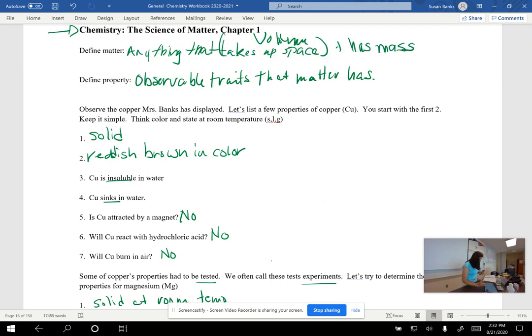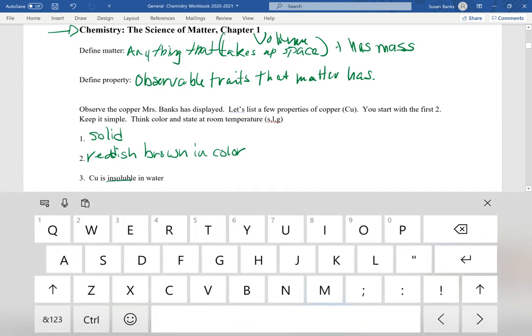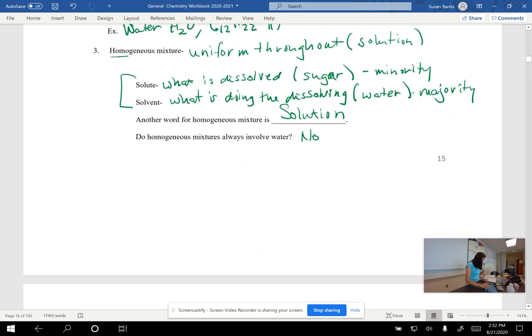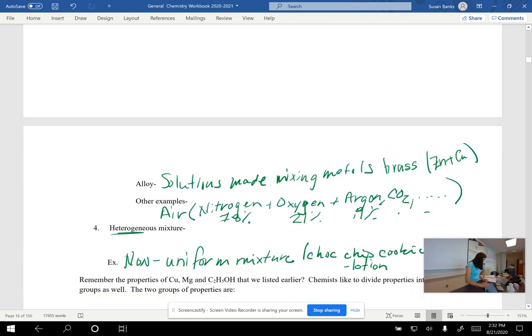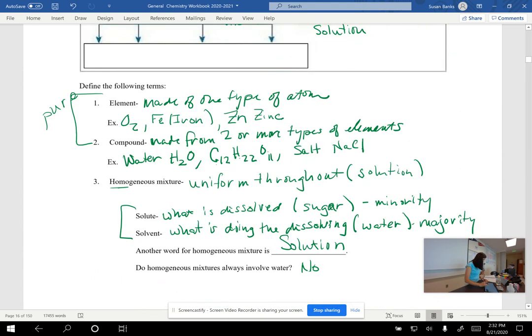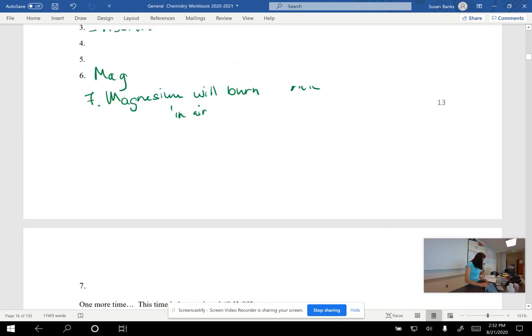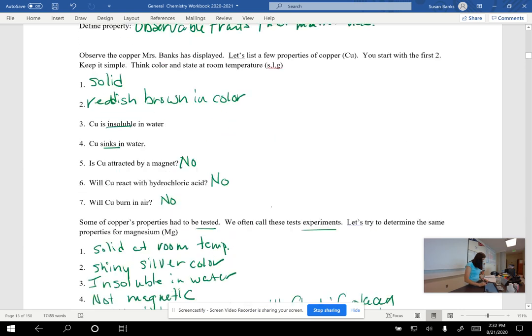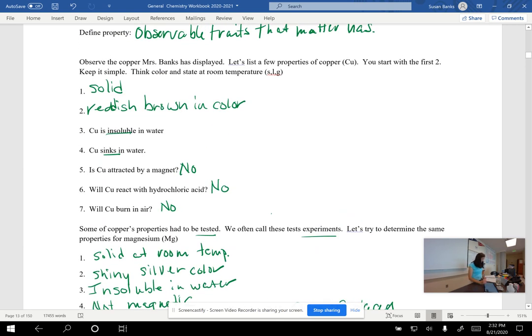All right. So solid. Copper being a solid, that is a physical property.